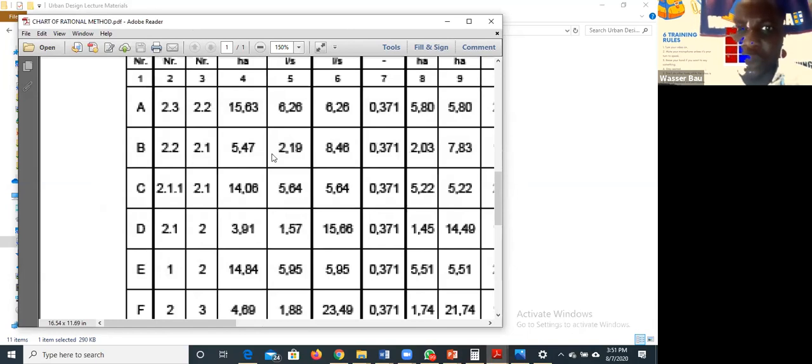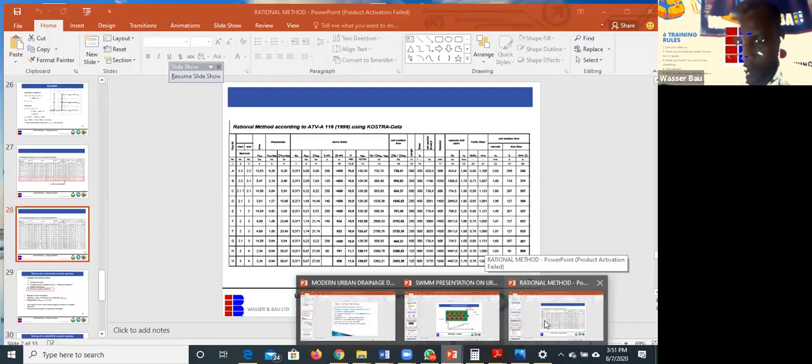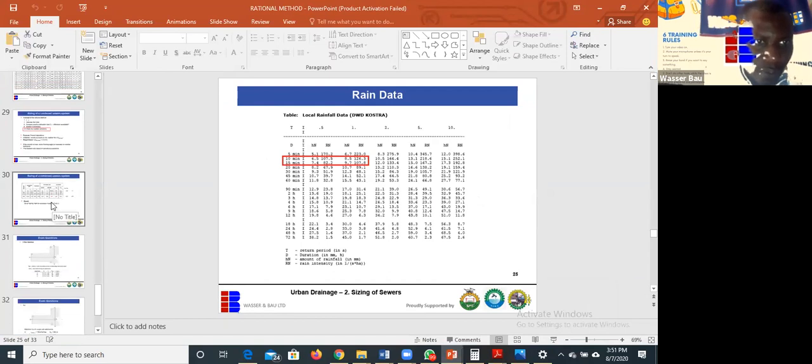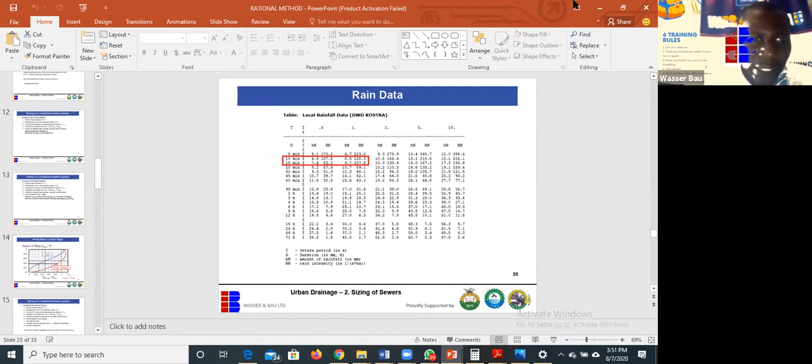The next thing you do is you multiply the area of each by the wastewater flow.